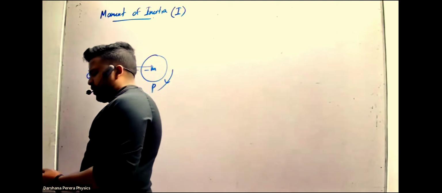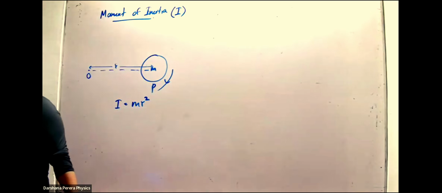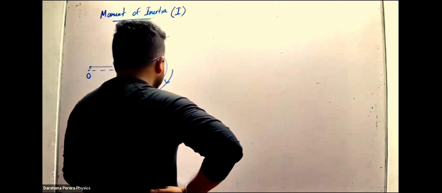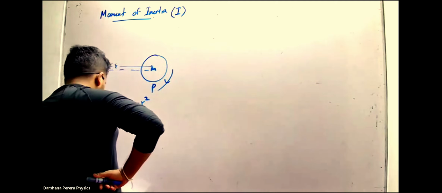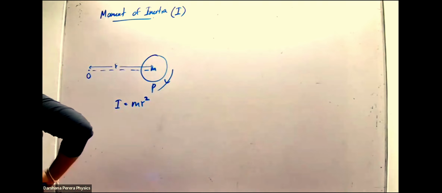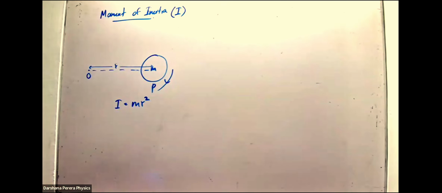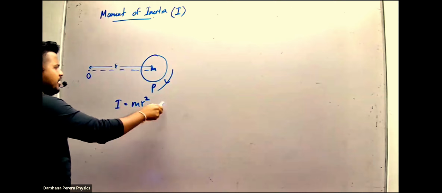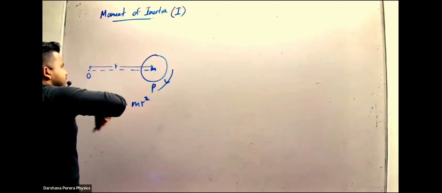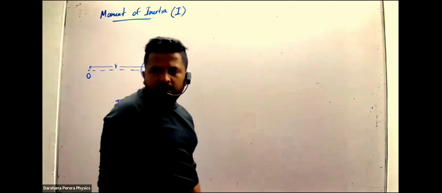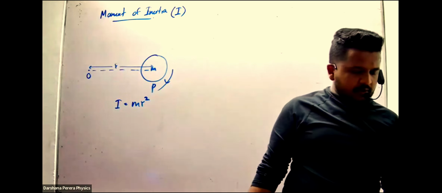Then the moment of inertia about the center O is given by I equals mr square. Draw this one and write down. If it rotates, we can simply say I equals mr square. It's a theory. Okay, write down.